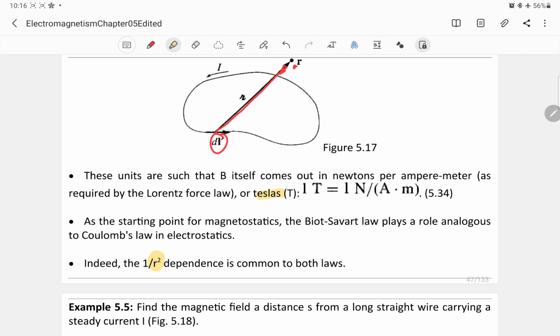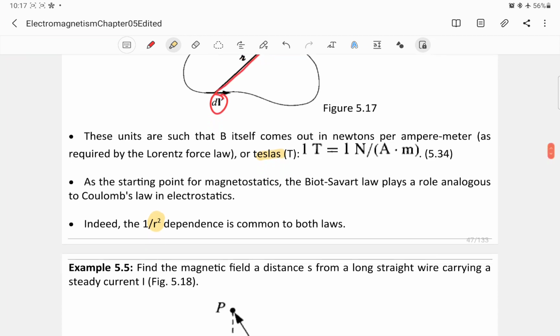When you go far away from the current source of the magnetic field, you will feel a very weak magnetic field. But if you go near the current, you would feel a greater magnetic field.